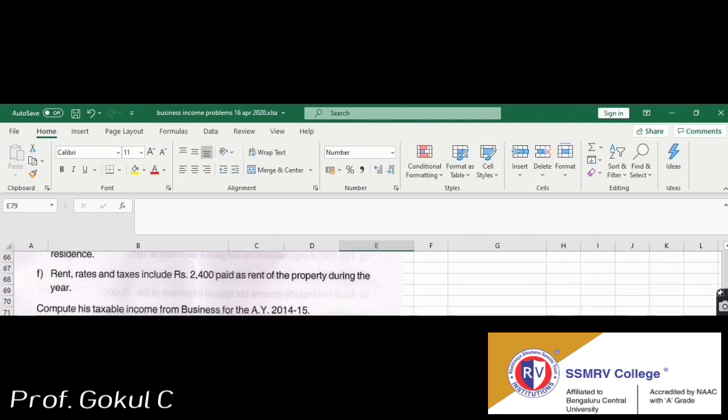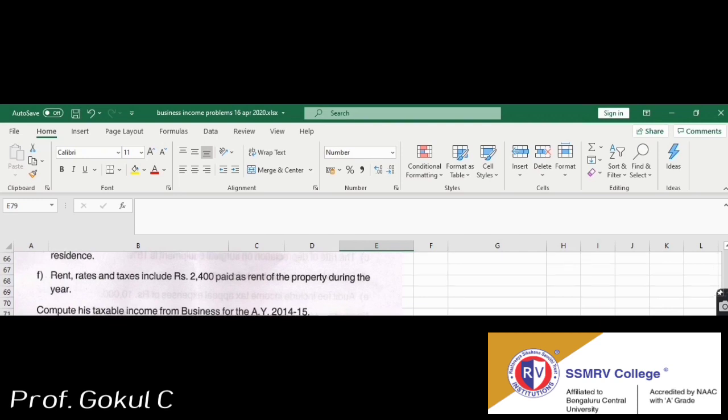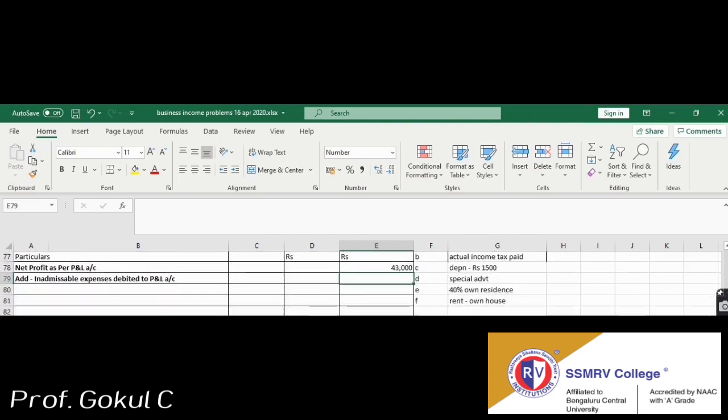So out of the entire property, how much is he using for his own residence? He's using 40%.